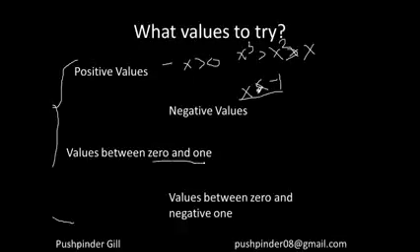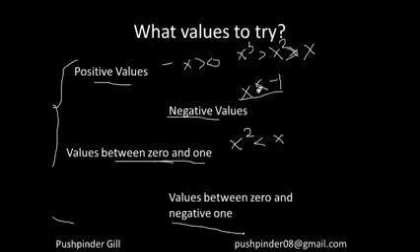Similarly, values between 0 and 1. Over here x square is smaller than x. There are lots of things different between these values and these values and these values and these values. So if you try all these values and check, you'll definitely find a yes and a no, right? So let's try to use these things and let's try to solve some questions.